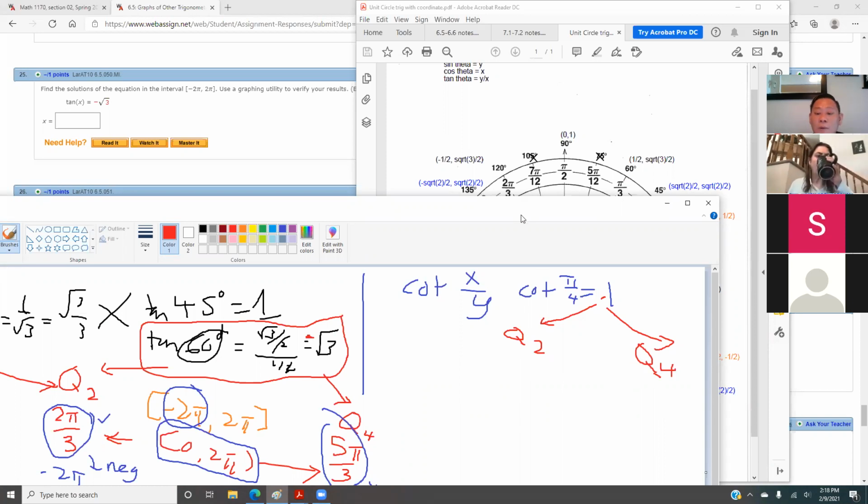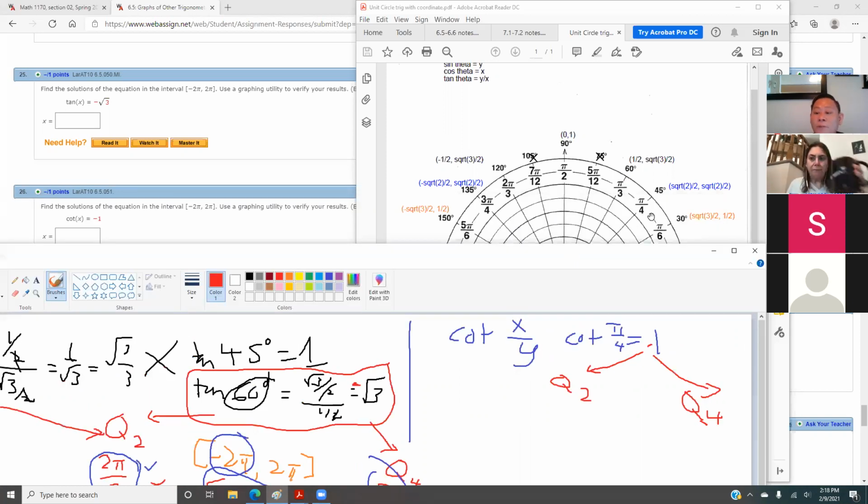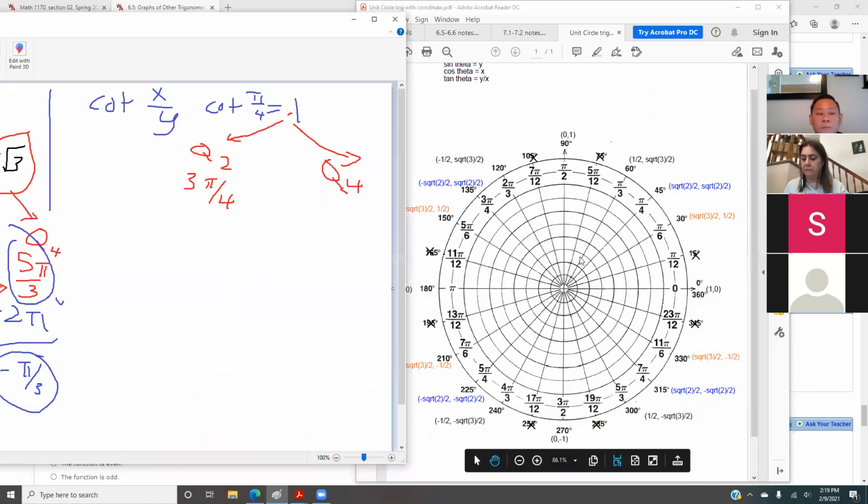So what is 45 degrees, or pi over 4, in quadrant 2? Three pi over 4. And what about in quadrant 4? 7 pi over 4. So these are the 2 answers.